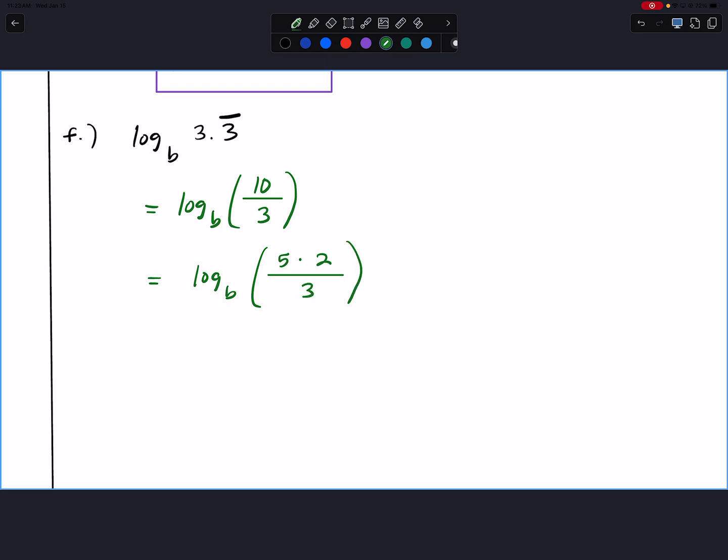Log base b of 5 times 2 divided by 3. Now, this one's important because both of these are on top. What does multiplication mean? Add. So I'm going to add these two together first, and then division means subtract, and then subtract the bottom. So we're going to break this up as log base b of 5 plus log base b of 2, and then minus log base b of 3.